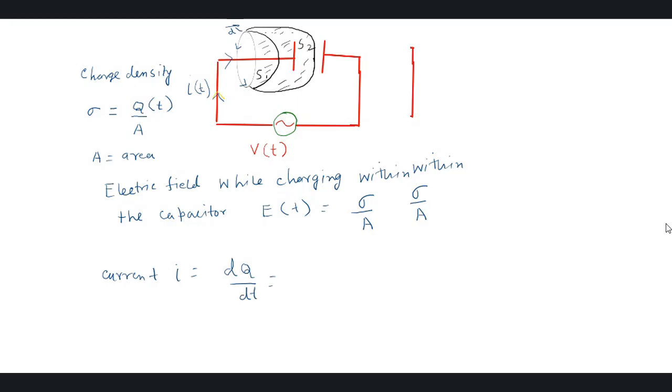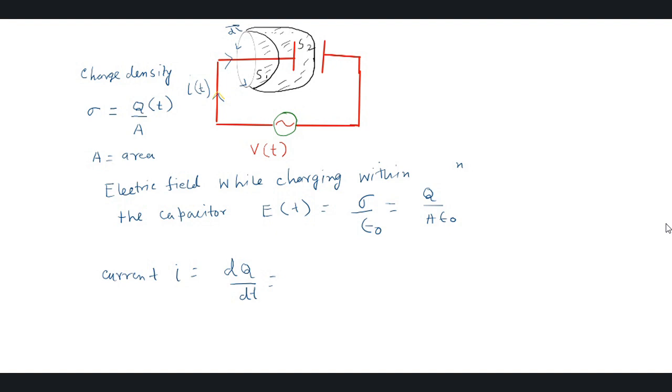Q is sigma by A, sorry, this is wrong. From Gauss's law, the electric field between the plates of the capacitor is given by sigma by epsilon naught, where epsilon naught is the permittivity of free space. So actually sigma is equal to Q by A, and E is Q by A epsilon naught.